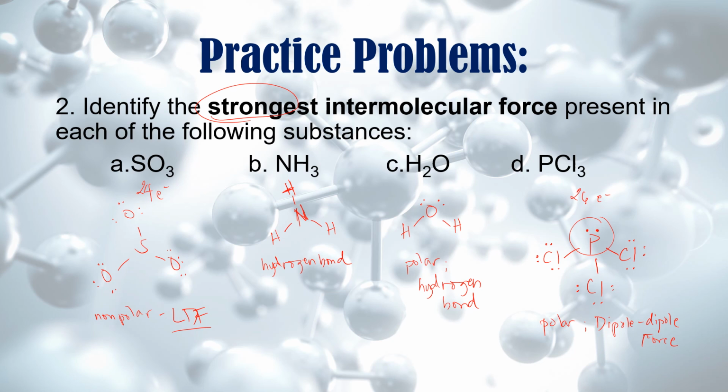The second one is a hydrogen bond when hydrogen is attracted to nitrogen, oxygen, or fluorine. The third one is a dipole-dipole force only present in polar molecules. And the LDF, the weakest, occurs in non-polar molecules.